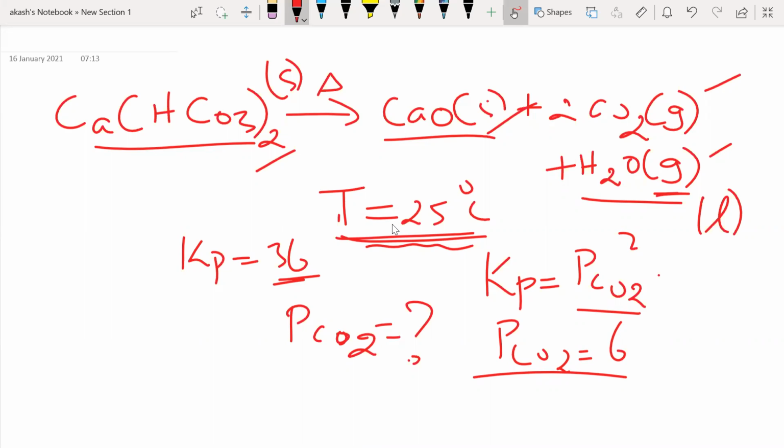But they have told that the temperature is only room temperature, 25 degrees Celsius, and at room temperature, water will be in liquid state, not gaseous state. So in the Kp equation, the only thing which will come is the partial pressure of CO2. Kp is equal to partial pressure of CO2 squared, since I have a stoichiometric coefficient of 2, and they have given the Kp value 36. So root of 36 is 6. That's the answer to this question. Everybody understood? Yes, sir.